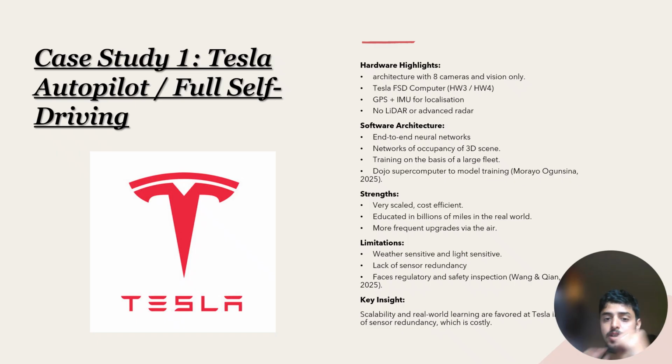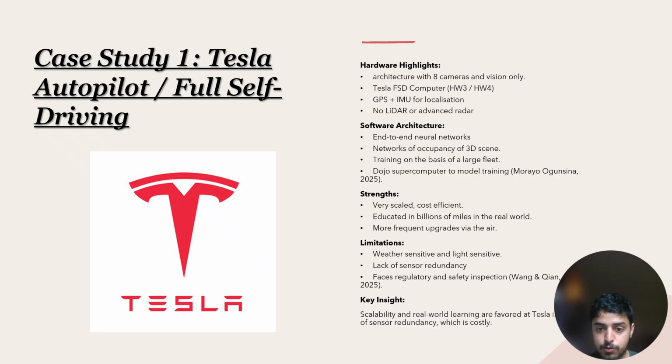Now let's talk about slide 6, case study Tesla Autopilot and full self-driving. Tesla used unique approach, relying on vision-only hardware and software system with the 8 camera and powerful full self-driving computer. Unlike many competitor, Tesla does not have LiDAR installed, depending on advanced neural network to interpret camera data.